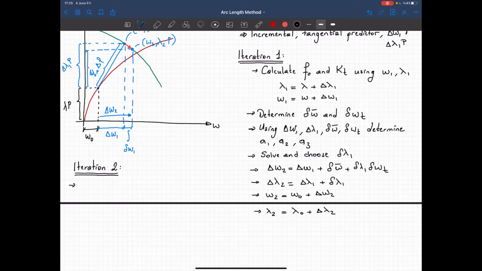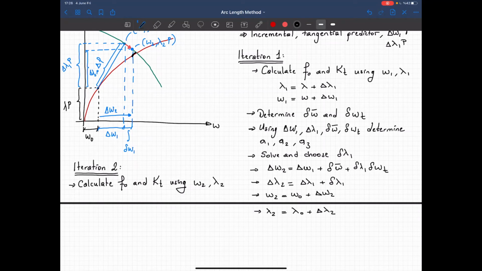Now this time again I will calculate the residual force and the tangent stiffness, this time using W2 and lambda 2. Okay, so I'm using the slope at this point.